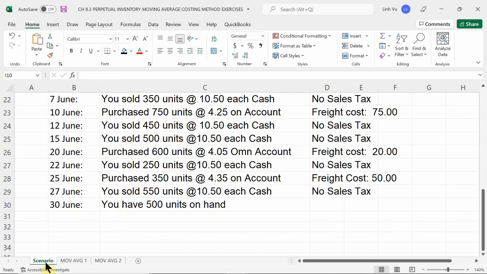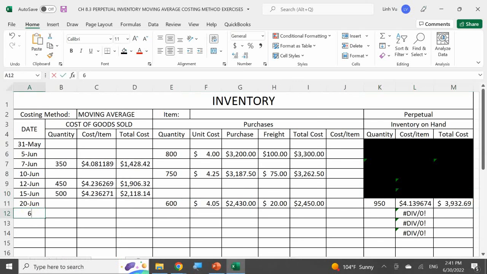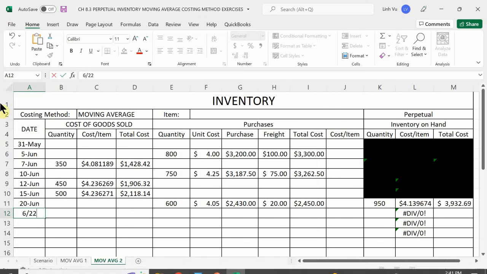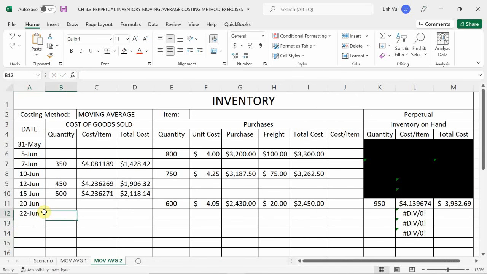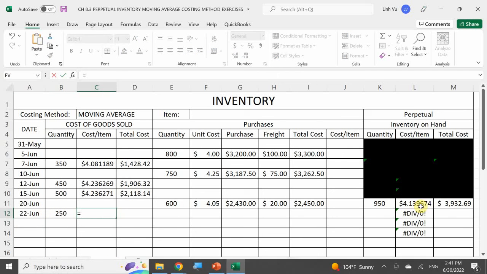So then June 22nd, you end up selling 250 units. 250 units, right?